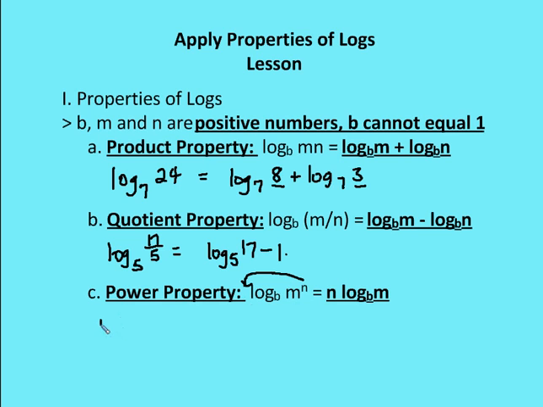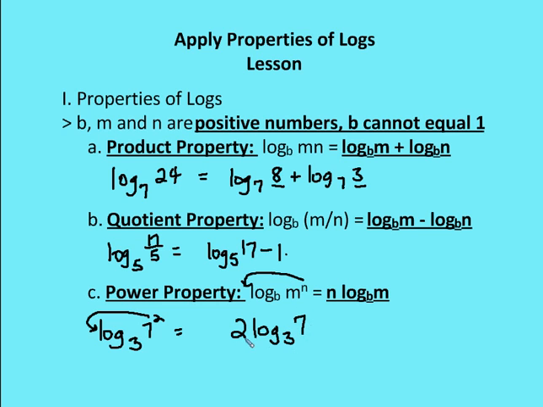So an example might be log base 3 of 7 squared. So now we're going to take the exponent for 7 and we're going to move it in front of the log and multiply the entire log, including just the 7 and not including the squared portion. So this ends up being 2 log base 3 of 7.